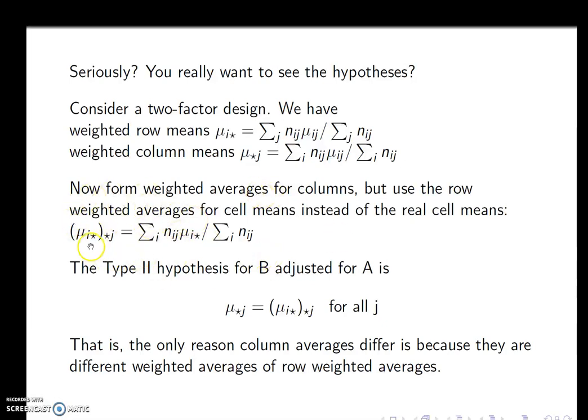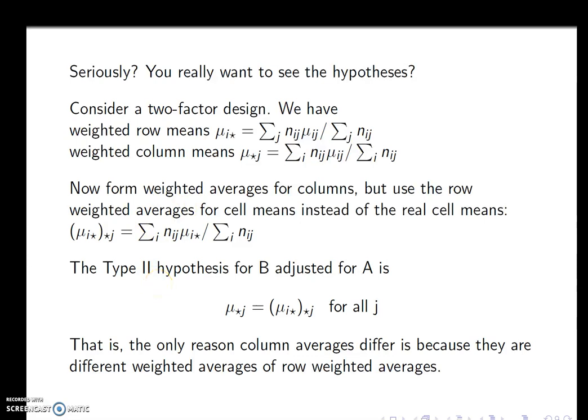So we see, notice the notation here, it's a little hokey looking, but it's implying that we're summing over the J here, and we're summing over the Y here because we have to use those weighted averages for the cell means, for the I star cell means, okay? But we're doing it for each J.